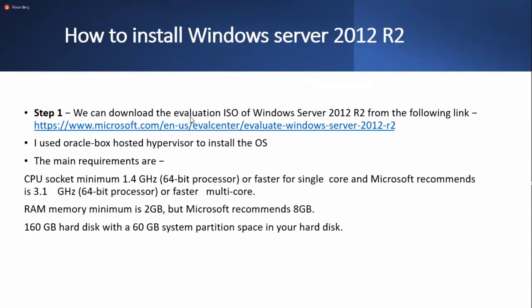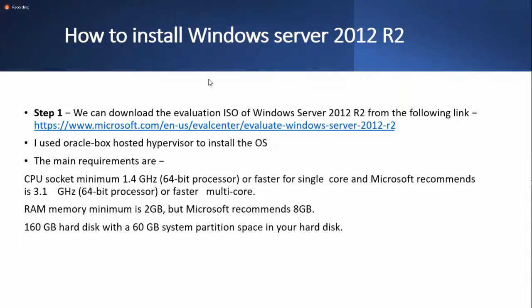If you download from some other site, they might contain viruses, and we don't know what they can do. Pirated versions will definitely have viruses. If you install them on your computer, you might get ransomware or a lot of problems. So always go for the official sites.